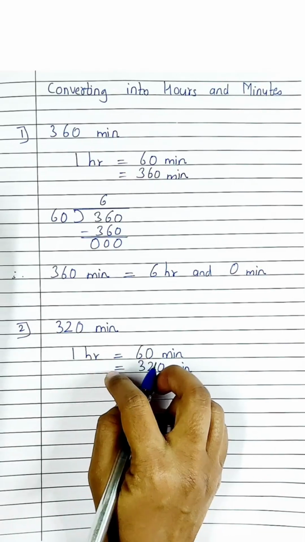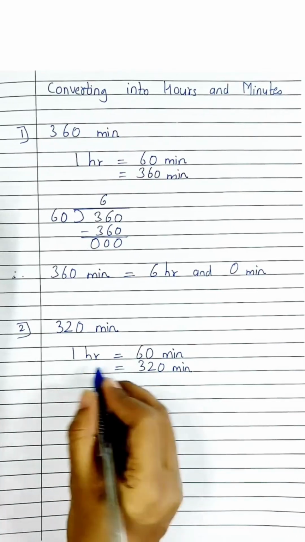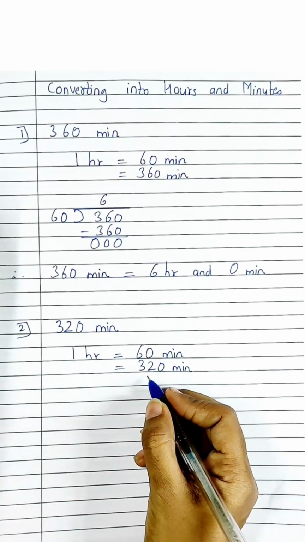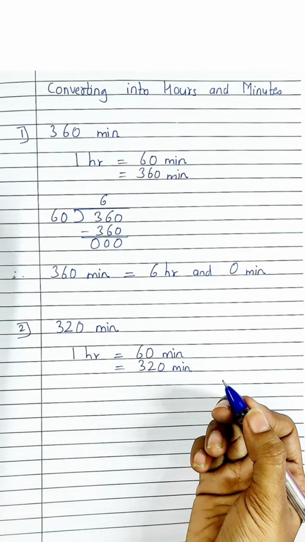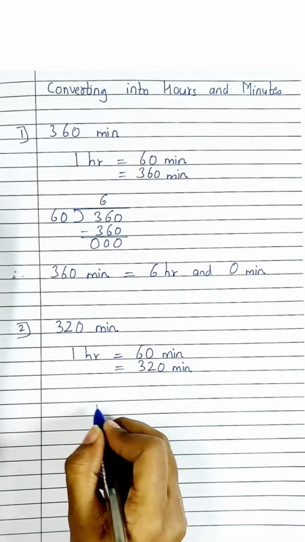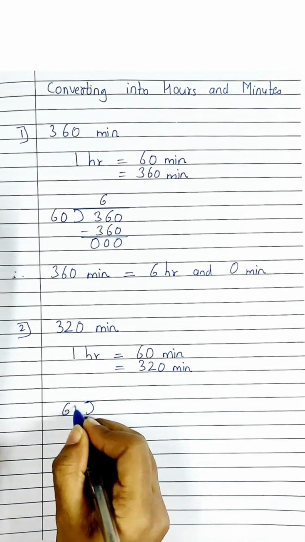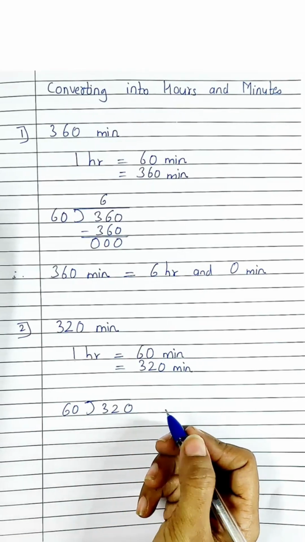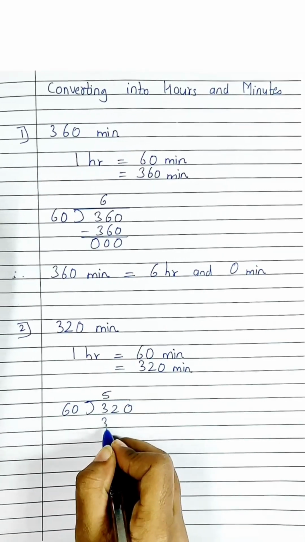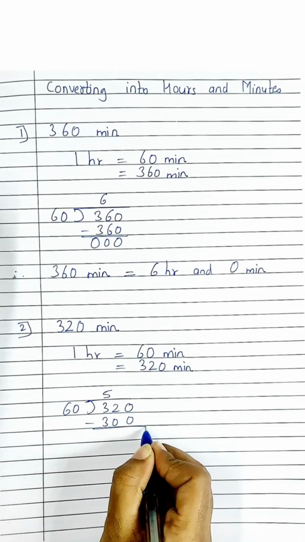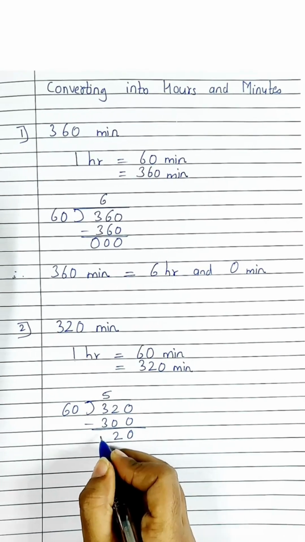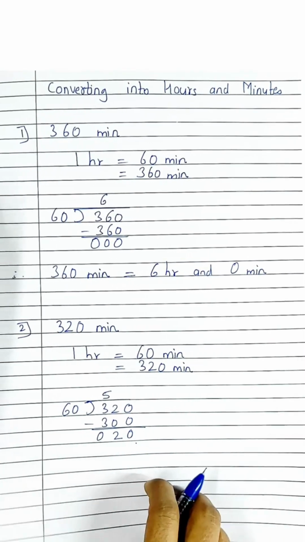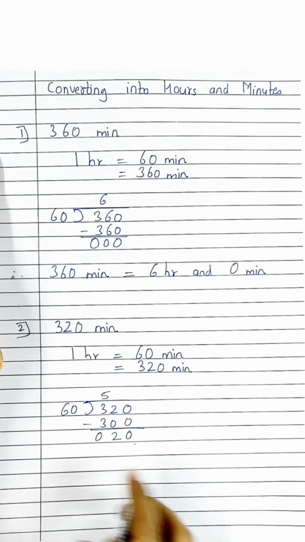So अगर हम क्रॉस डिवाइड भी करेंगे, क्रॉस डिवीजन, so 1 multiplied by 320 is 320 only. So how you will do? Simply again 320 divided by 60. So 60 5s are 300, which will give you 20 as a remainder. So how you will write your answer?